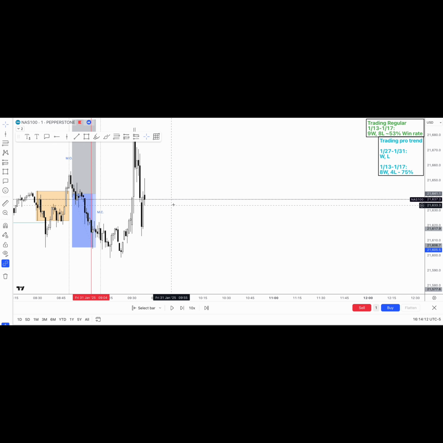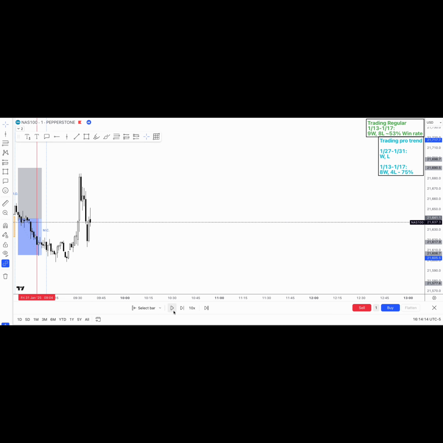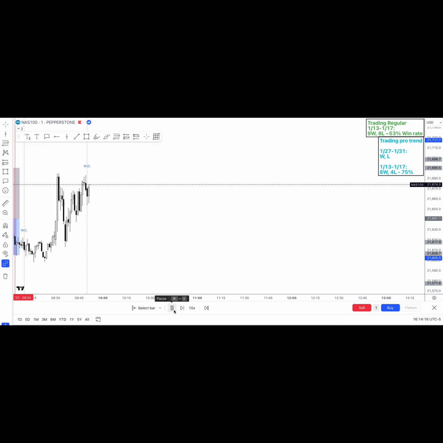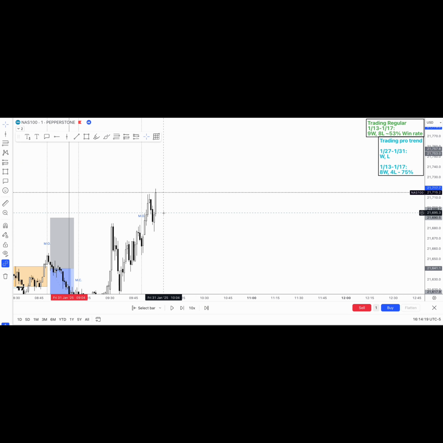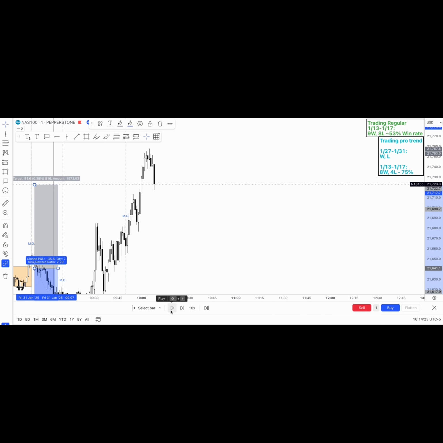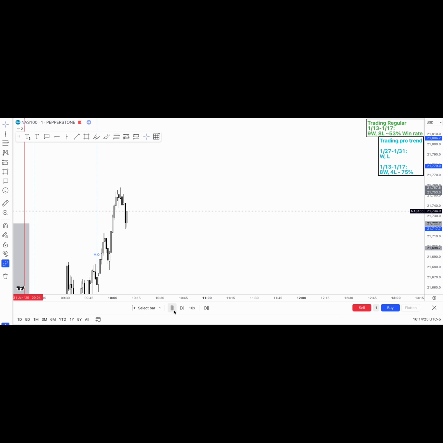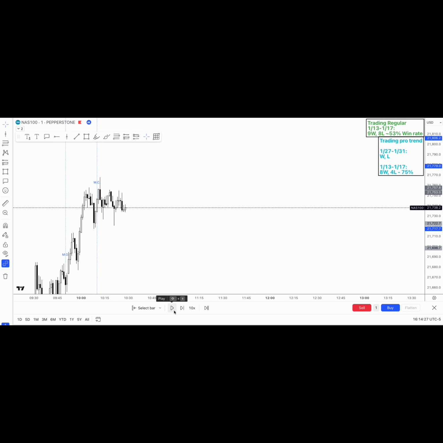Yeah, no valid buy here, I would say. So look into the next macro for the next opportunity. So this is an opportunity here.